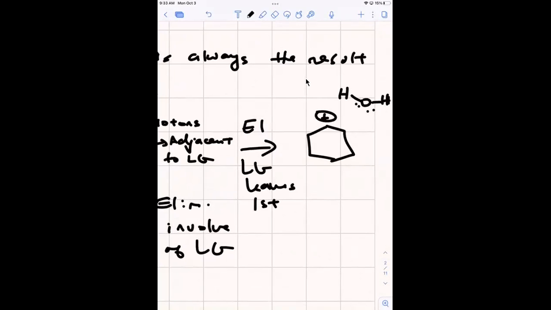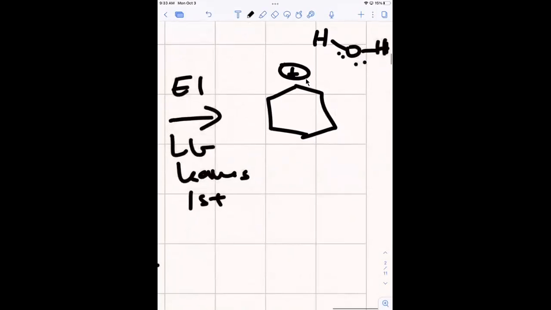So leaving group leaves first, it's E1. Right? This is not the elimination part though. That's just the loss of the leaving group to give me a carbocation. The elimination happens here, where I take this alpha proton and grab it and use those electrons in that C-H bond to make my pi bond.